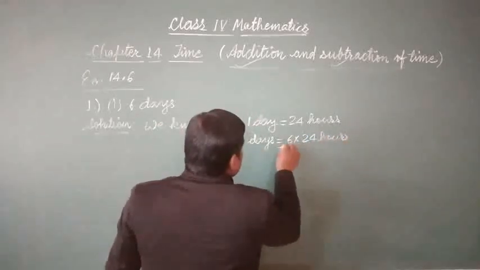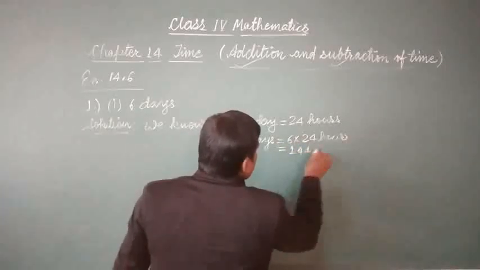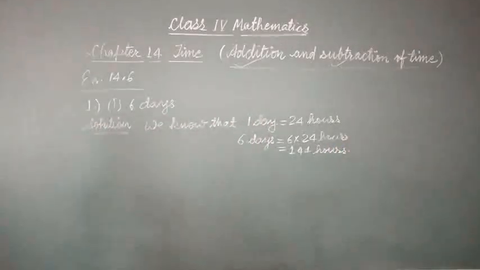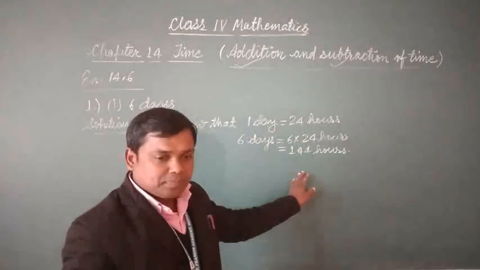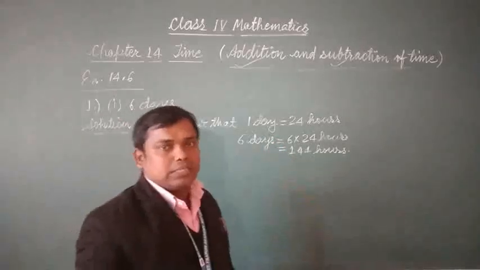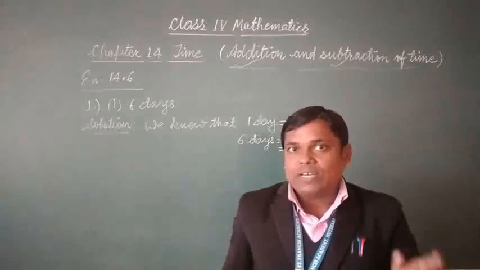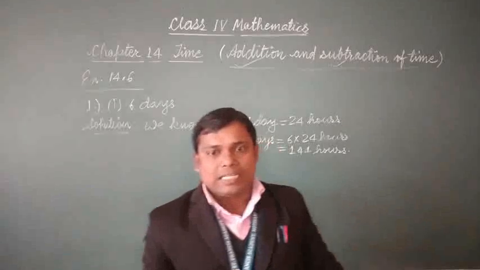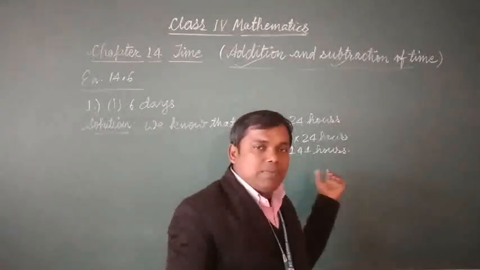And what will come? 144 hours. It is very easy to convert from days to hours. If it is given in days and hours, first you will convert days into hours, and whatever hours are given you will add to the total hours that you have got.